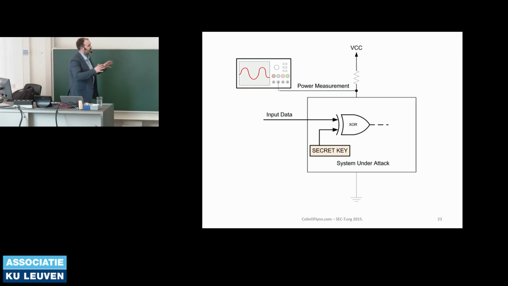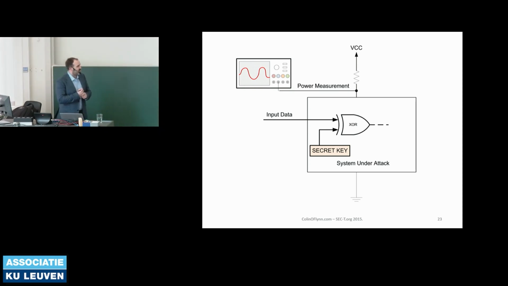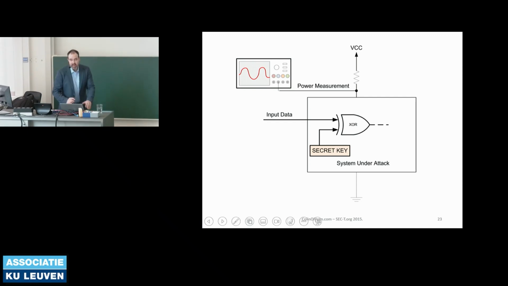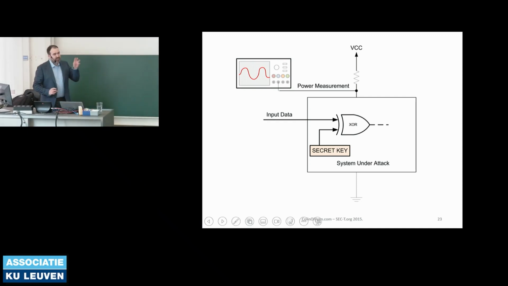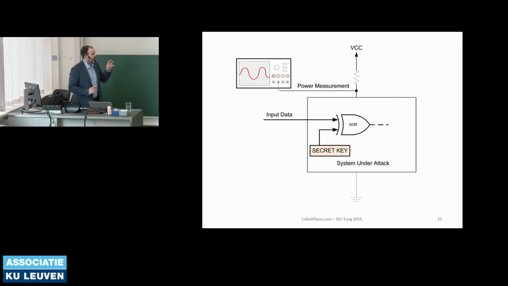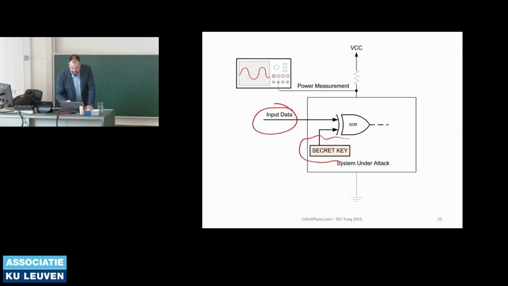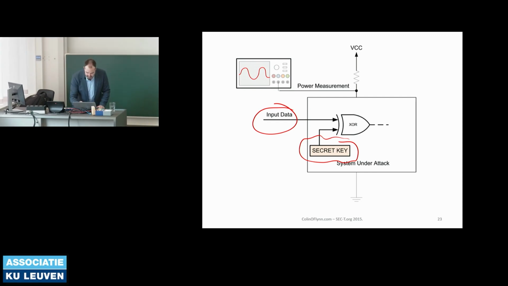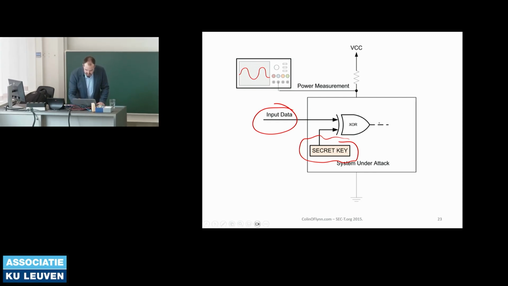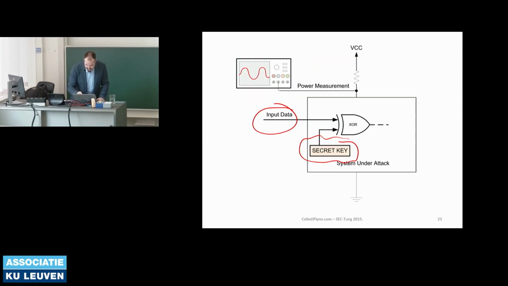This is kind of the basic setup for side channel power analysis. We have some secret, and what we really need for this to be successful is some input data that is connected to the key. So if you XOR the input and the secret key, you could do the power analysis right here as well, just after the XOR.